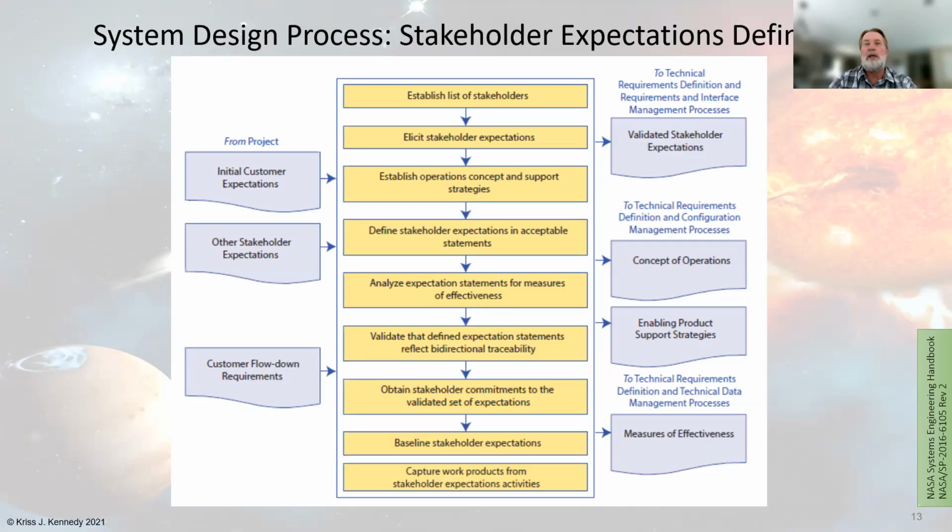Basically, you reiterate what you think you heard from them, and they say yes or no, I really meant this. And then you baseline those stakeholders' expectations, and you capture those work products. What comes out of that? Validated stakeholders' expectations, a concept of operations, enabling product support strategies, and measures of effectiveness.